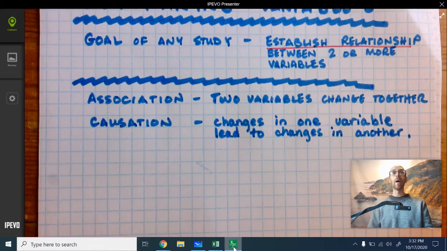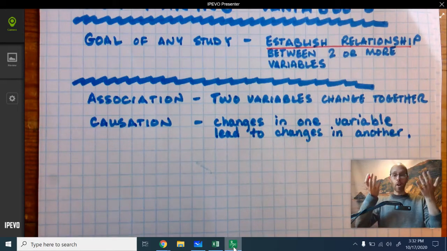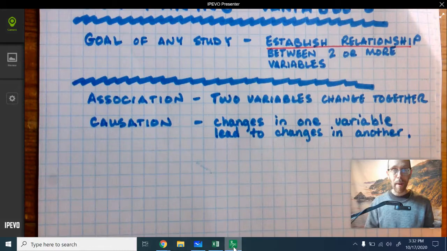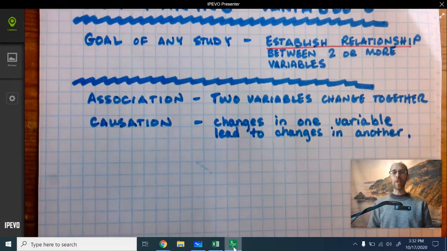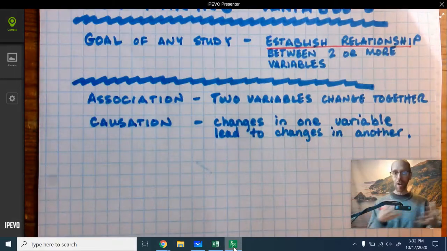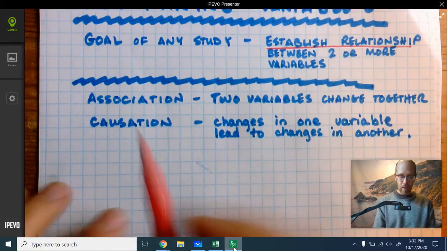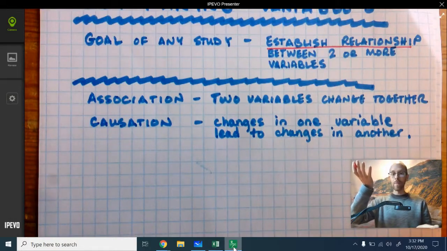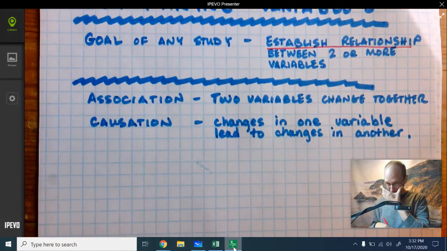Think about what happens as you age. You get taller, and as you age, you get better at math. You know more math. So we would never suggest that getting taller causes someone to be better at math, but we could say that they are associated. As your height increases, your math ability also increases.